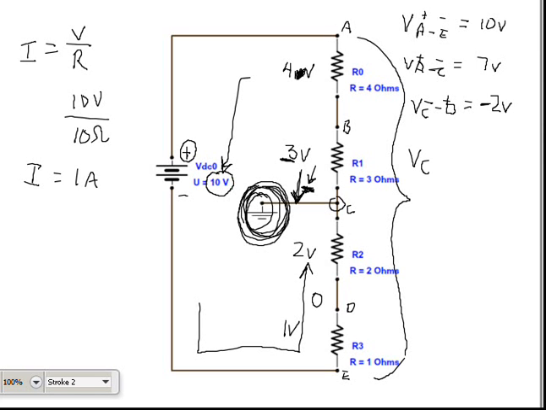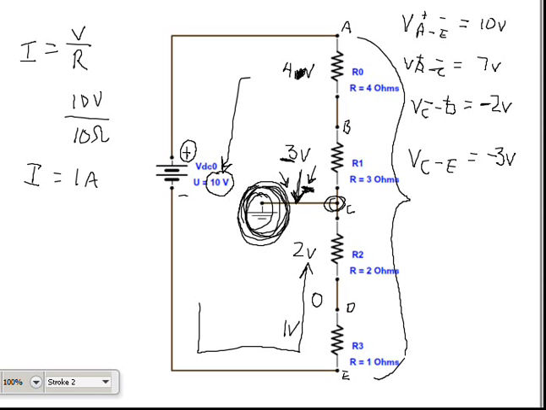Volts C to E is going to equal minus 3 volts. Once again, because point C, having the ground point on it, says I have got to be measuring from this point. That is my reference.